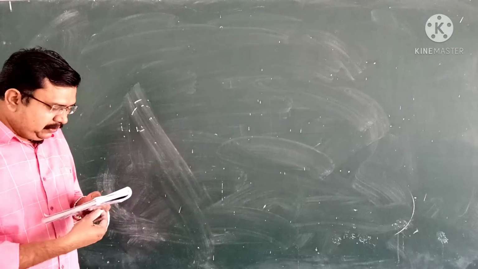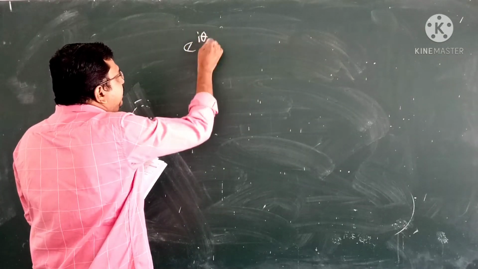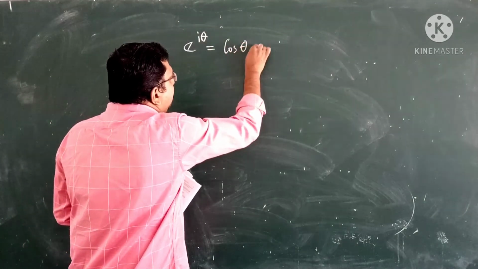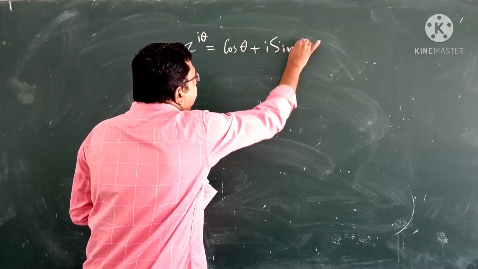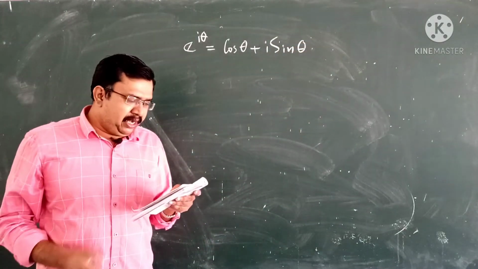Next, listen. We obtain e raised to i theta is equal to cos theta plus i sin theta. This formula is called Euler's formula.